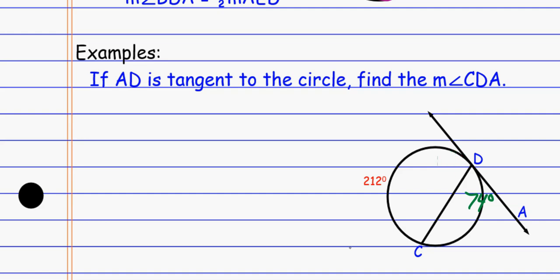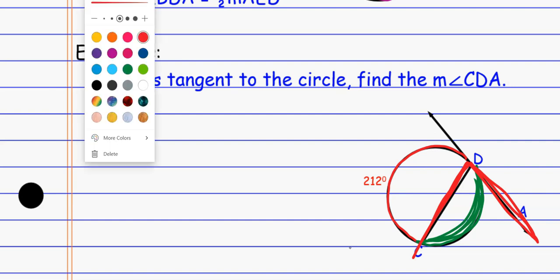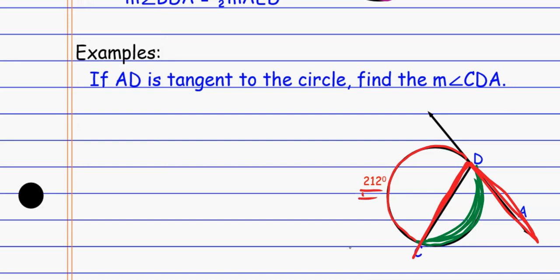The other option here is we could start by saying, this isn't the angle I want. I don't want this 210. What I want to talk about is the arc that's inside the angle I want. See, this is the angle I want. Let's talk about the arc that's inside that angle. If this first arc over here is 212 degrees, well, the whole way around the circle has to be 360 degrees.